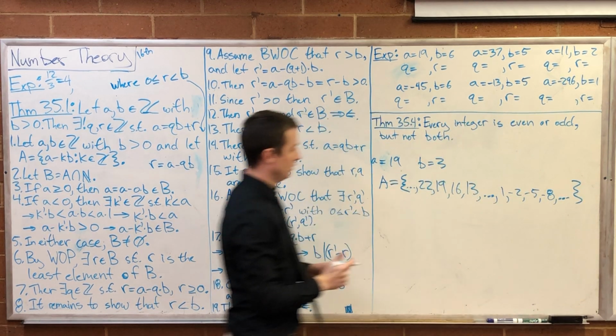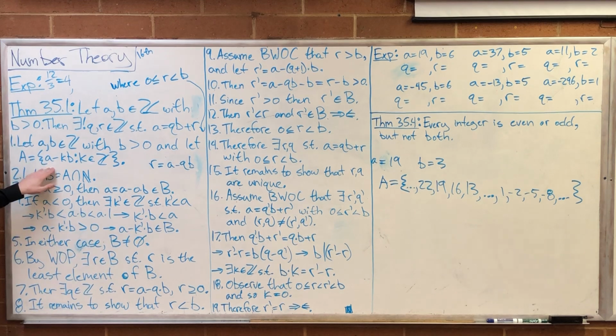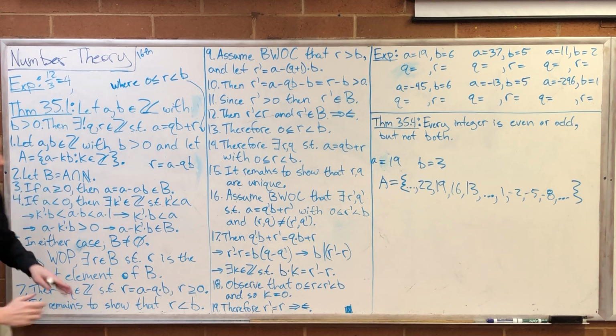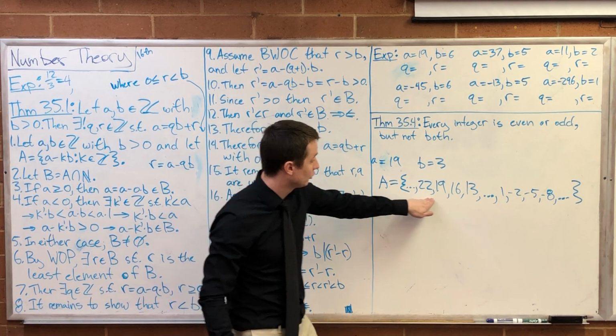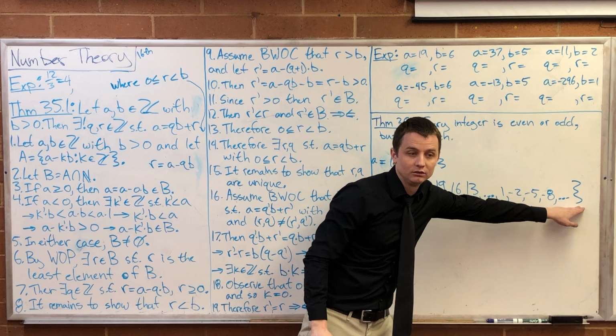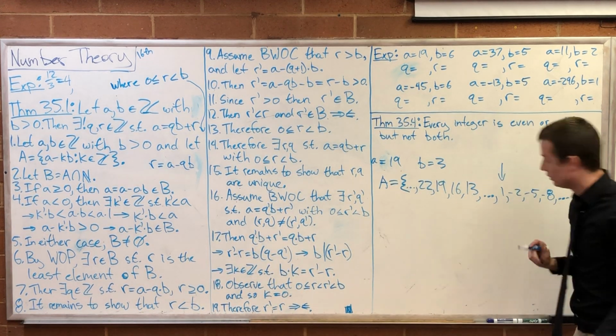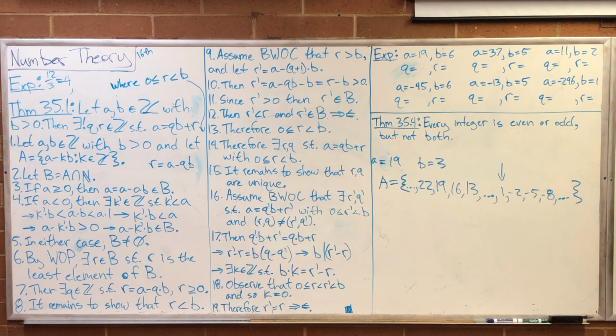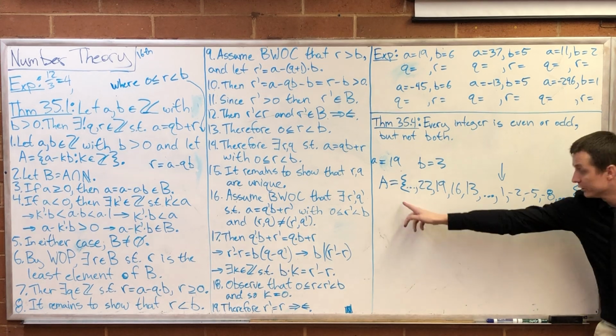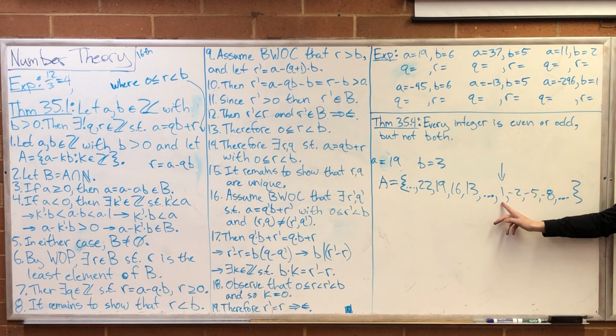This is what A looks like, all these differences you can get for every possible integer k. What we're going to say is that the smallest non-negative integer you get out of here is our remainder. So in this special case, our remainder is going to be 1. That's where we're ultimately going. Notice it's going to be the smallest element in A when I get rid of the negative numbers.